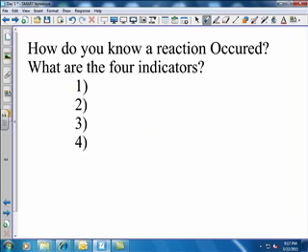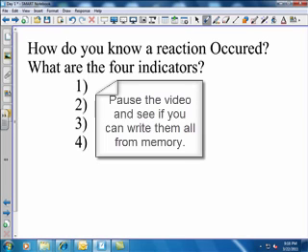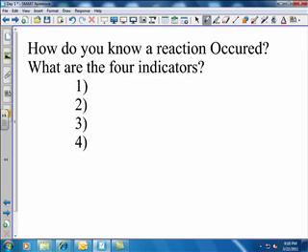Now, this is from way back, but there are 4 indications that a reaction has occurred, and we are going to do a lot of reactions. So you need to pay attention and be aware of what those 4 indicators are. So, what are the 4 indicators? In no particular order, the first one is change in color.